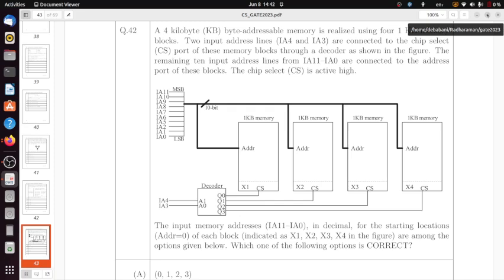The question given on the screen says that the size of the memory is 4 KB and the memory is byte addressable, realized using 4 1 KB memory blocks. So from this line we find that a 4 KB byte-addressable memory is to be realized using 4 1 KB memory blocks.